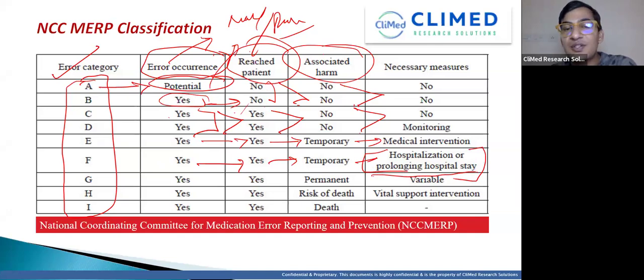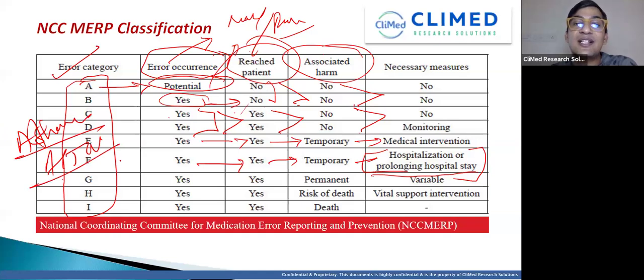So what kind of errors could happen in the hospital which are temporary, not causing any permanent harm, but which can increase the hospital stay? I'll give you the best example. Suppose the patient is asthmatic and hypertensive, and went to the cardiologist. He did not ask whether the patient is asthmatic, or he forgot, and he prescribed beta blockers.